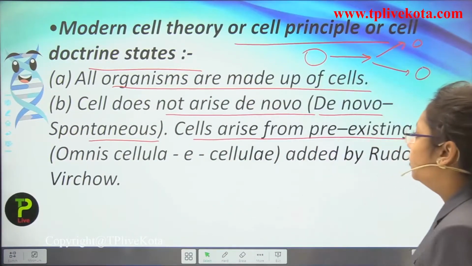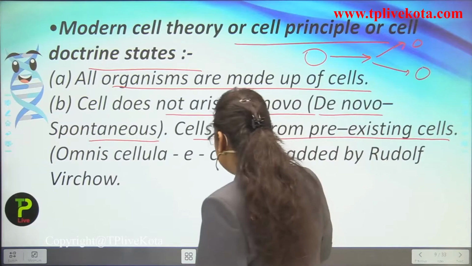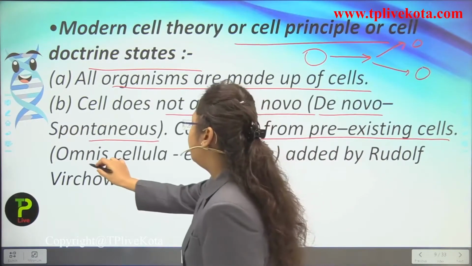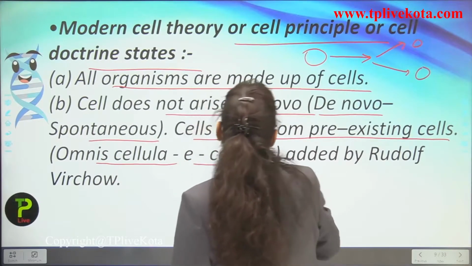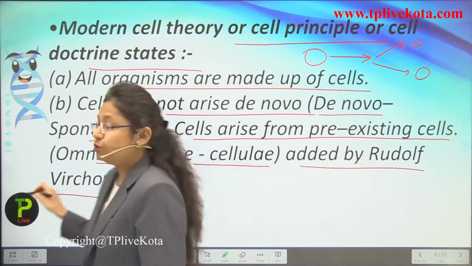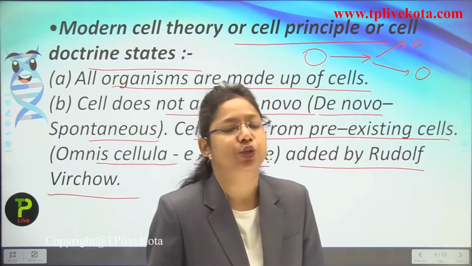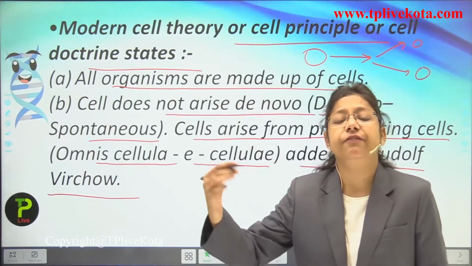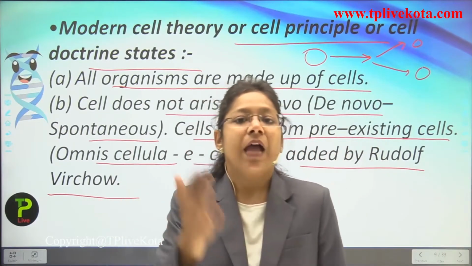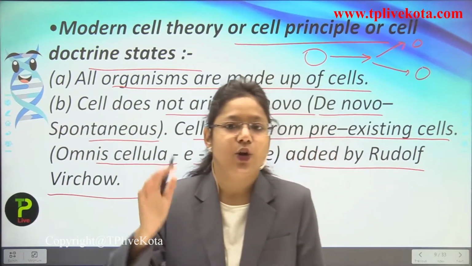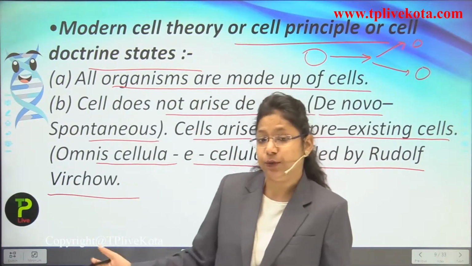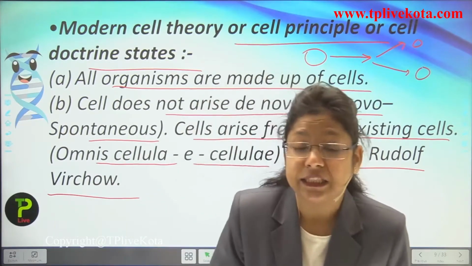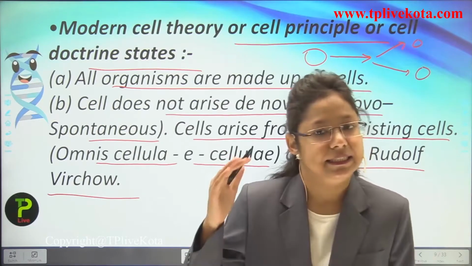Cells arise from pre-existing cells, which was also stated as omnis cellula e cellula, added by Rudolf Virchow. As I told you, Rudolf Virchow was the scientist who carried the cell theory further, and he stated that omnis cellula e cellula means cells arise from pre-existing cells.